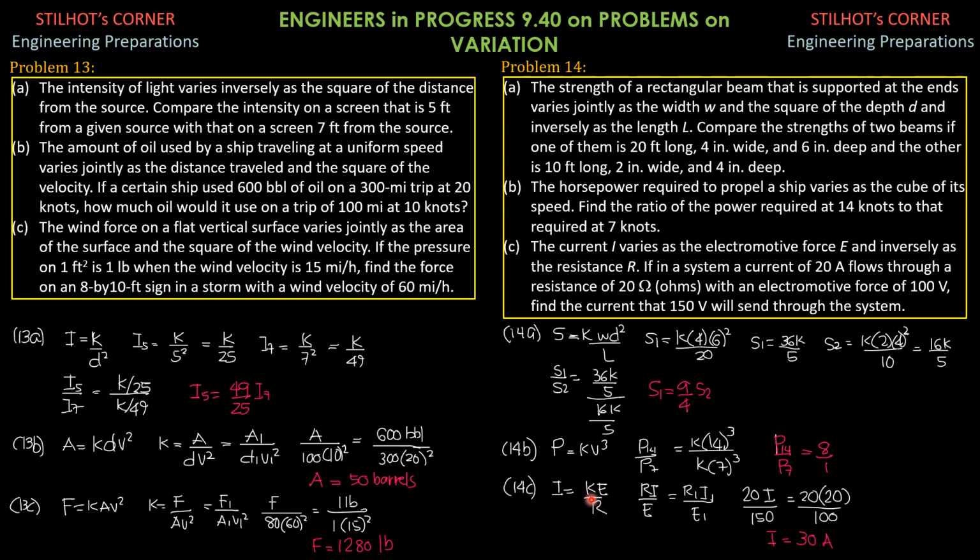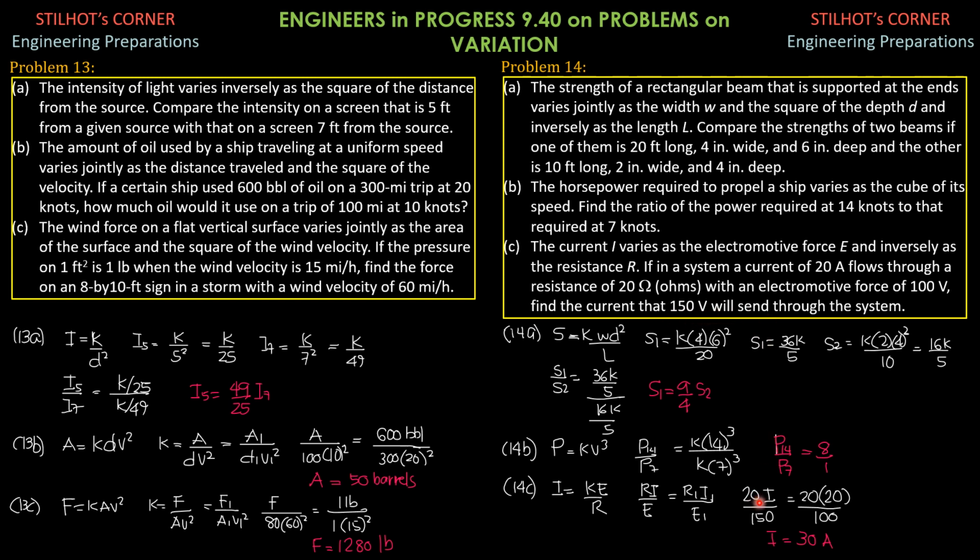So I equals the constant of proportionality times E, the electromotive force, and inversely as the resistance R. Therefore, if we solve for K, it is R times I over E, equals R1 I1 over E1. So the question is, find the current that 150 volts will send through the system.